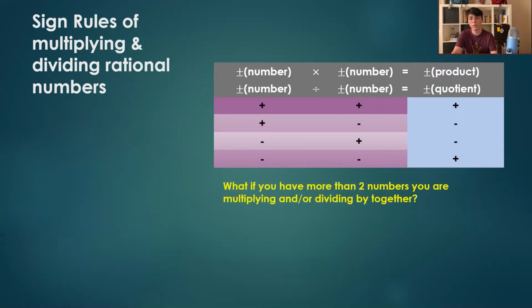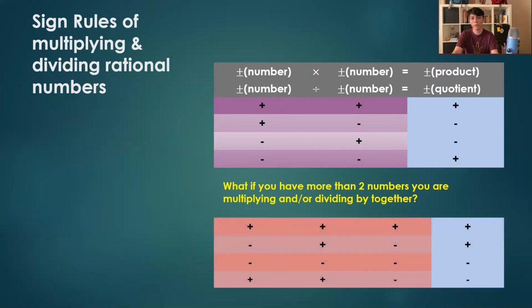What if you have more than two numbers that you're multiplying or dividing together? What do we look at instead? We have to keep track. As a rule of thumb, we have to keep track of the number of negative signs that you have in your equation. So if you're multiplying 3 factors and those 3 factors are all positive, you have no negatives in your equation.